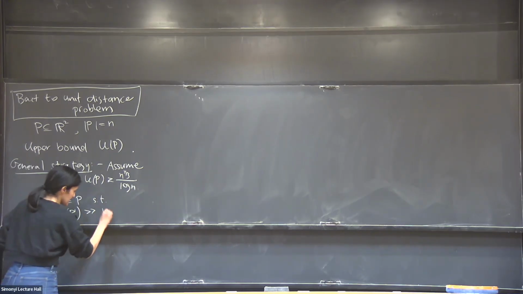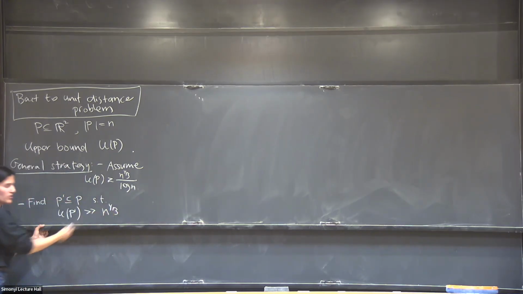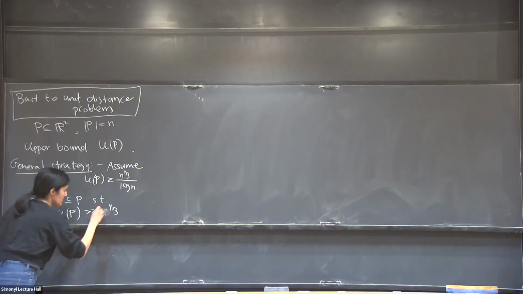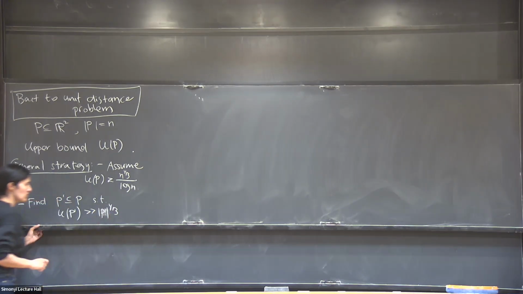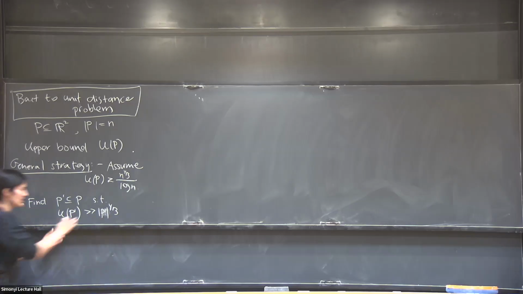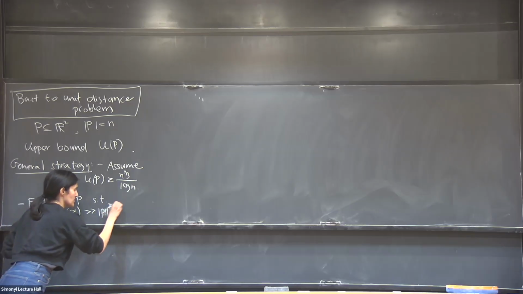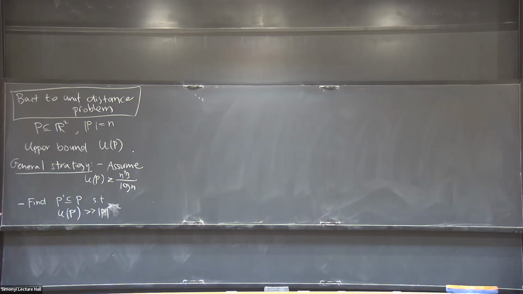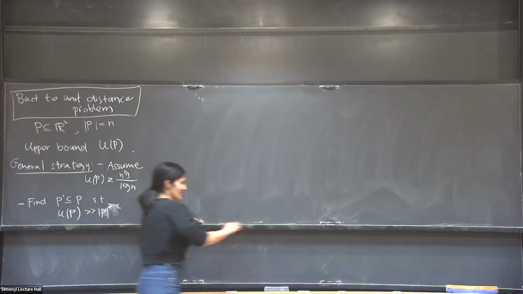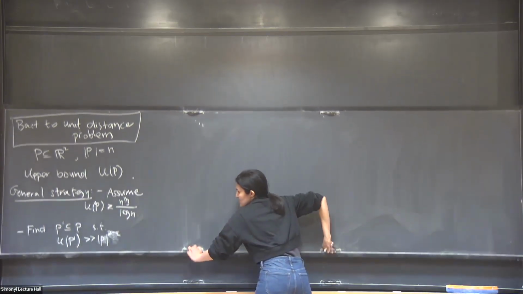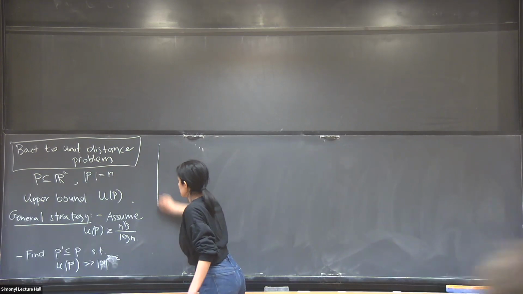So let's write it like this. We'll get more. We'll even get, sorry, not n, the cardinality of P prime to the power 4 over 3. I can write here even 2 minus epsilon, some very large. This definitely will give me a contradiction and will improve the current upper bound by log n. Small improvement desired.